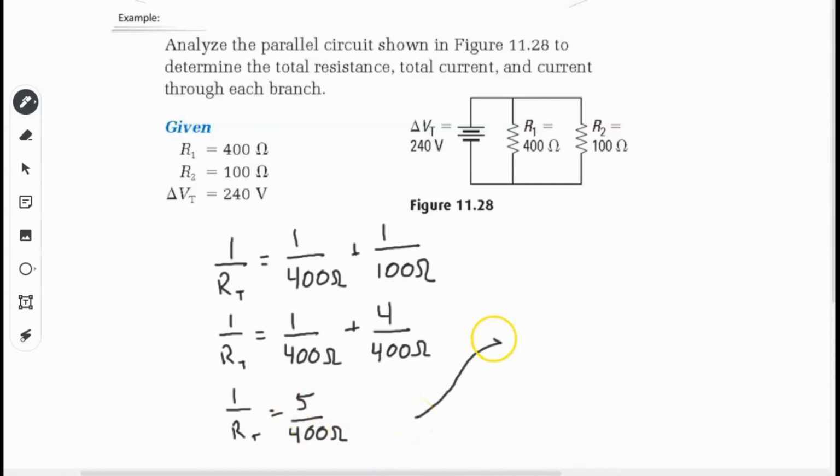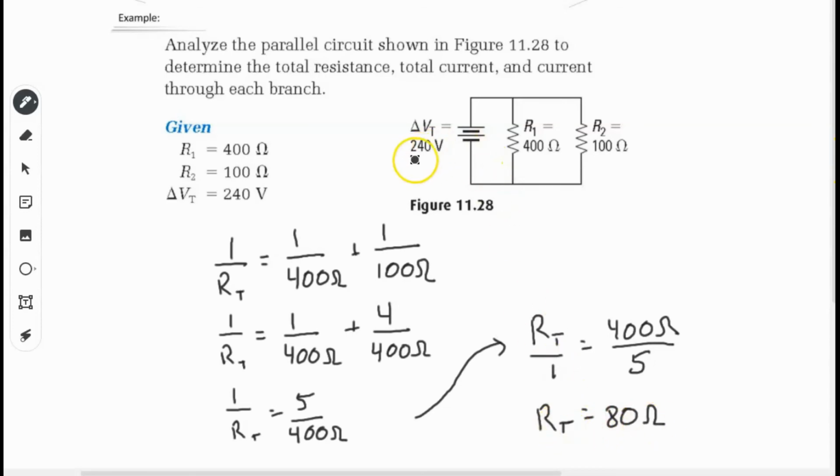Or, if we flip them, RT over 1 then equals 400 ohms over 5, which reduces RT to being 80 ohms. So we know the total resistance then is 80 ohms. And it makes sense, because like I said, with a parallel circuit, your total resistance should be less than either of the resistors in your parallel circuit.